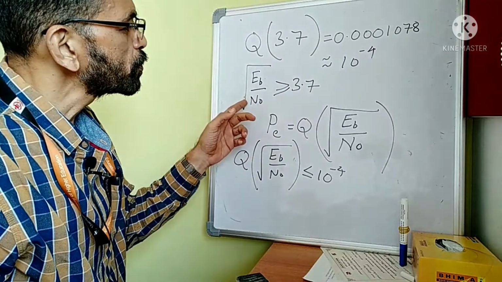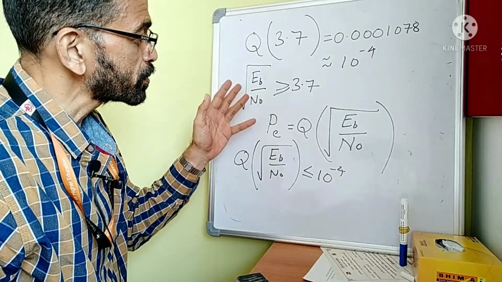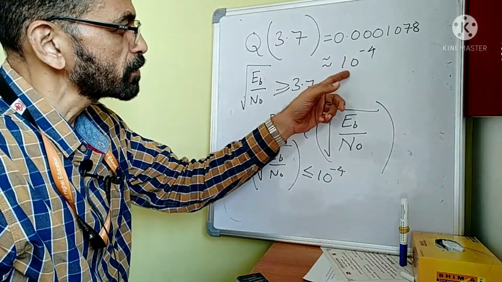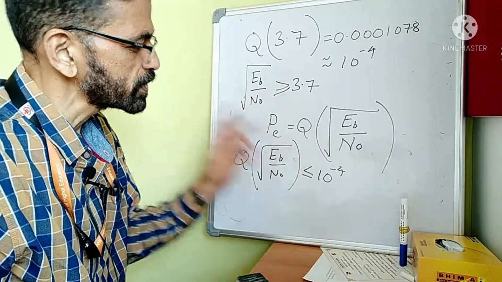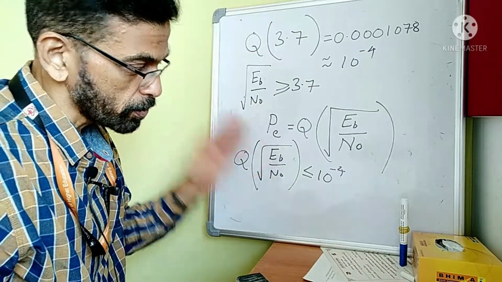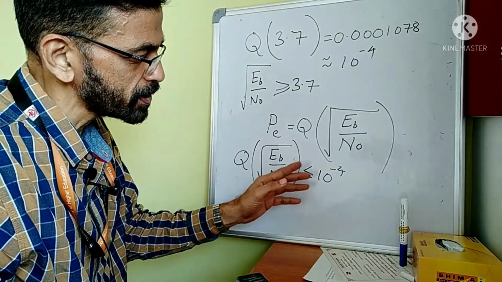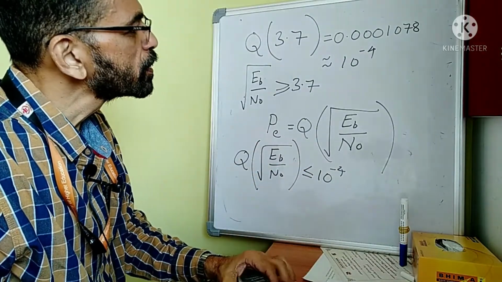If root of EB by N naught is exactly 3.7, we get something very close to 10 power minus 4. So it has to be more than or equal to 3.7 if we want a probability of error or a bit error rate less than or equal to 10 power minus 4.